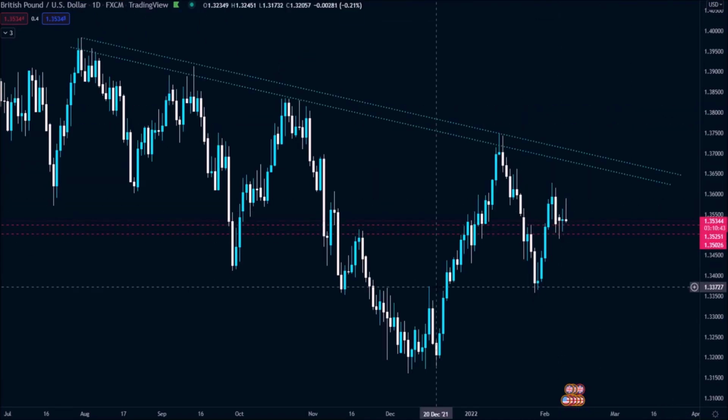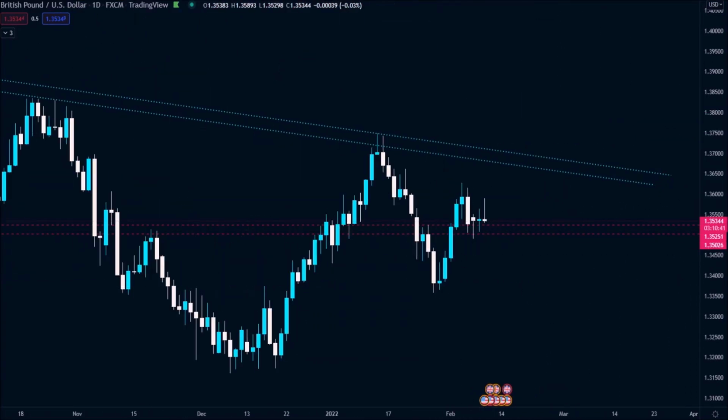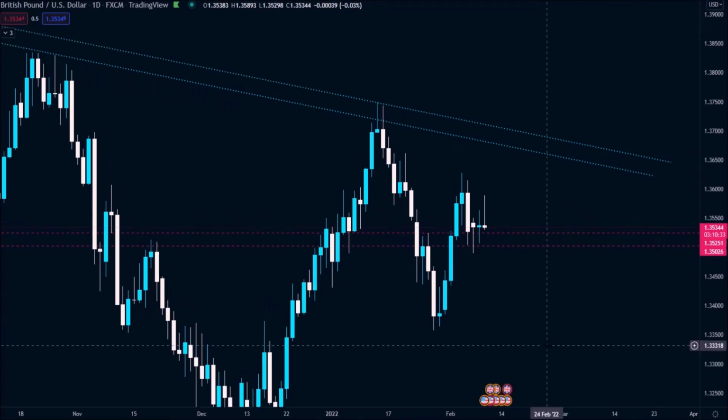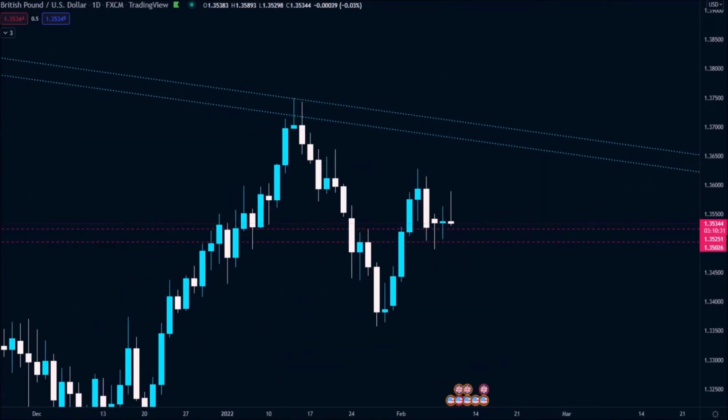Pound on the other hand, nice rejection today, but all in all still grinding sideways. Most recent support and resistance, we have resistance here and support here. If I'm looking for more downside, I want a solid close below here and then target these lows. Similar idea with Aussie.